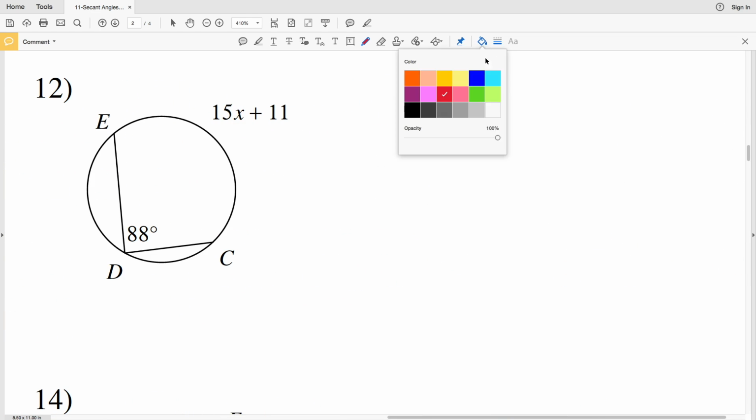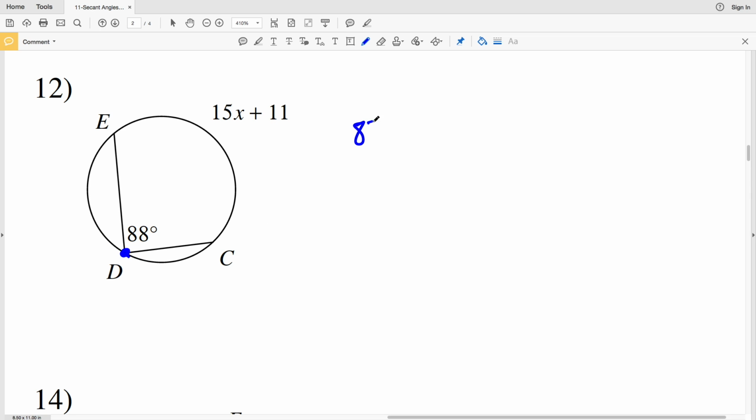In number 12, the chords form an inscribed angle because they share the same endpoint that is on the edge of the circle. So 88 degrees is going to equal half the sum of the intercepted arc, and since there's only one arc formed, that's half of 15x plus 11.